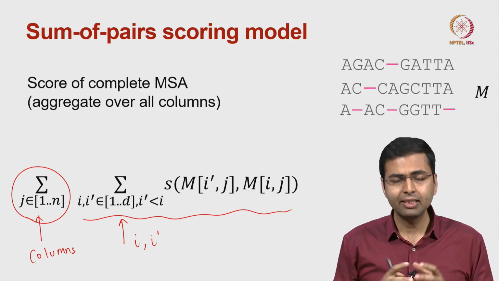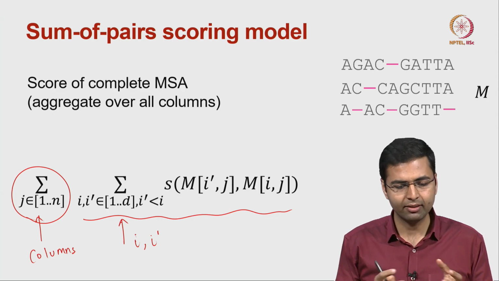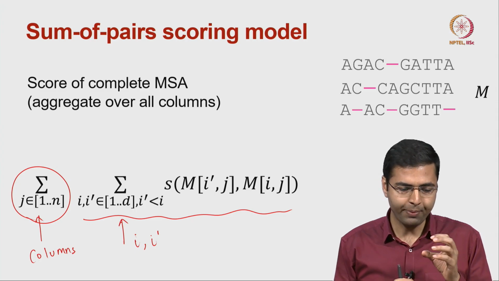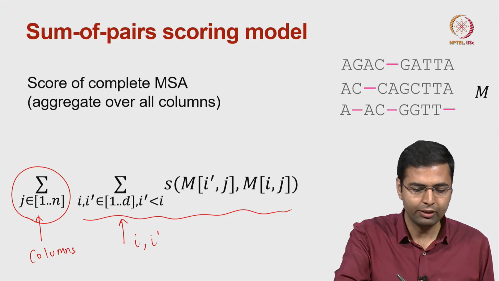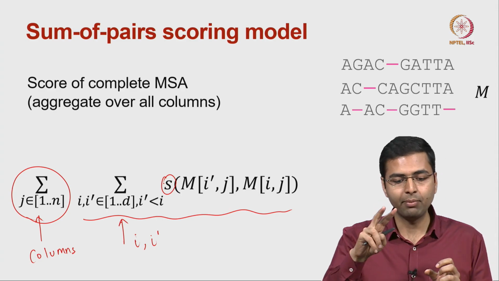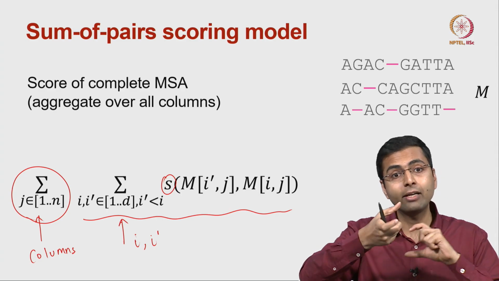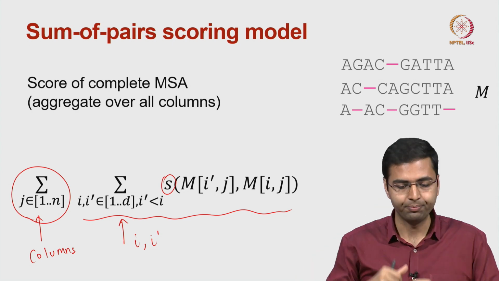Now, this is a very simple scoring function. It is easy to understand that we are directly extending what we used in pairwise sequence alignment. This function S that takes 2 symbols at a time, we are directly using that and considering all pairs of characters in a column.